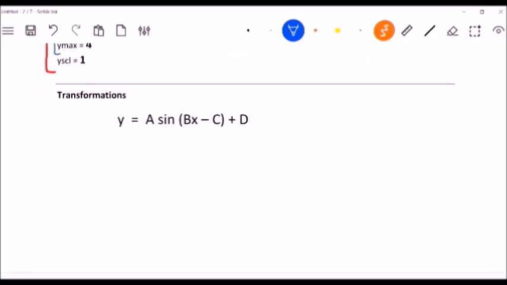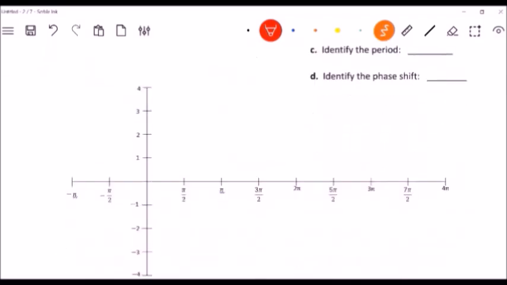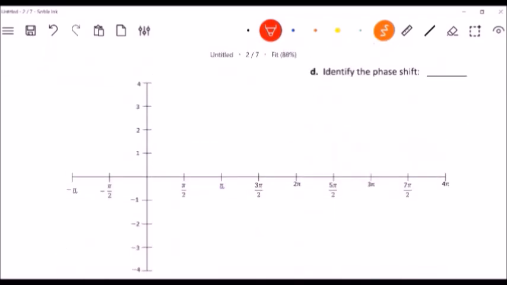We'll be doing a number of transformations, and let's start with that because we have to do that for each of the things. If we look at the first problem, you'll see we're going to graph in this type of system where we'll go from 4 to -4 for the y's, from -pi to 4 pi for the x's.